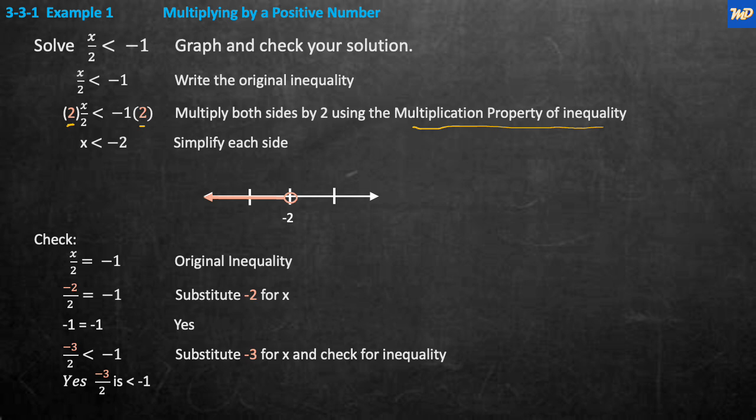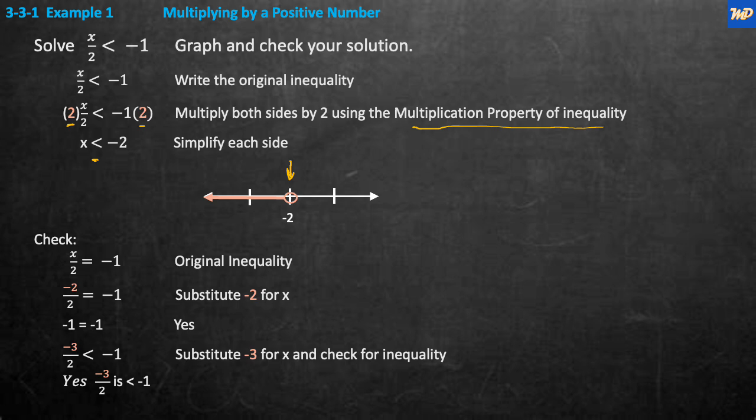And if we graph that, here's the x, x is less than negative 2. Here's our negative 2 on our line. There's a circle around the negative 2, which means you don't include it. It says it's just less than negative 2, it doesn't say it's equal to negative 2. So we put an open circle on the negative 2, and x is less than negative 2.